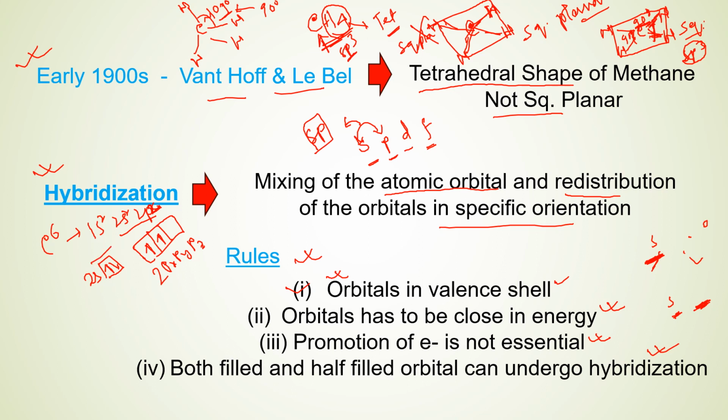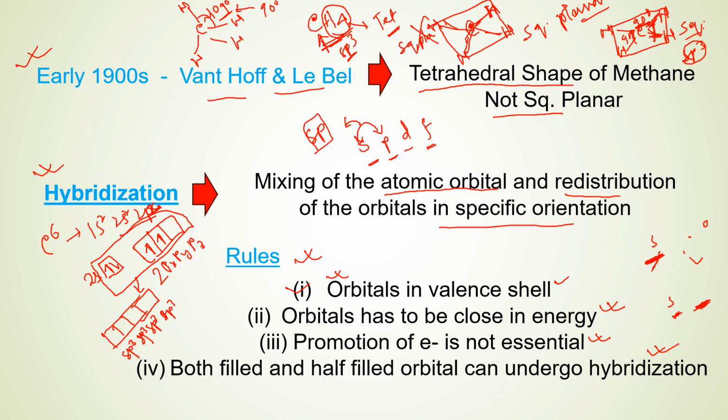Now this 2s and 2p hybridize. Basically they mix together and produce a hybrid orbital with 4 lobes, and each lobe is sp3 hybridized.